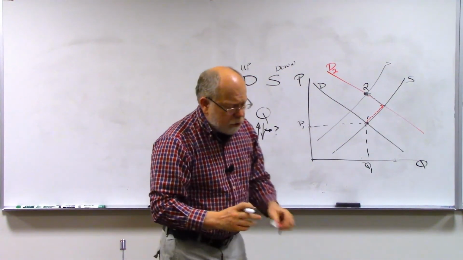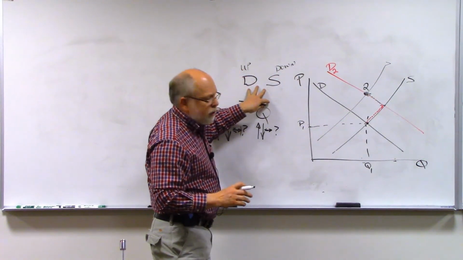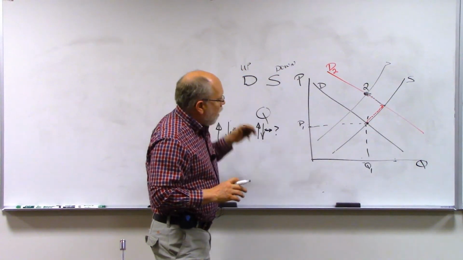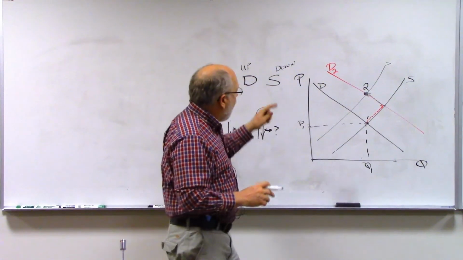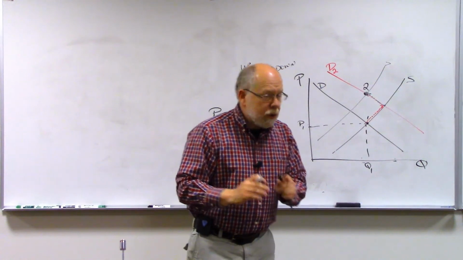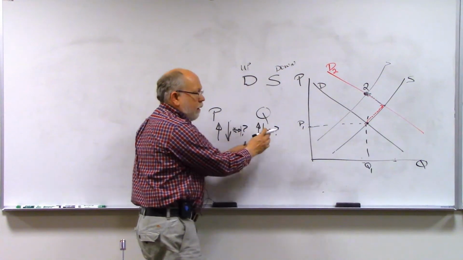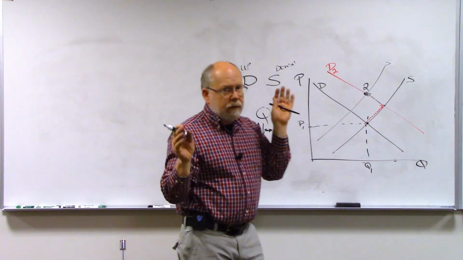Now the essential rule to know when we have simply changes without magnitudes is that we will know what happens to one of these two variables for sure. We don't always know which one we're going to know for sure. And the other variable we're saying, not enough information to tell.